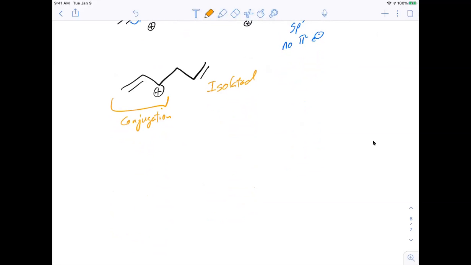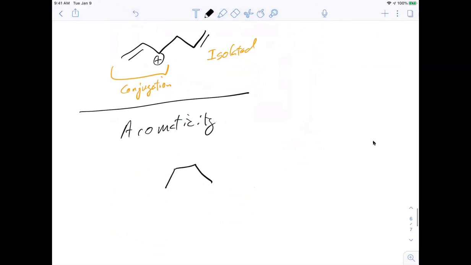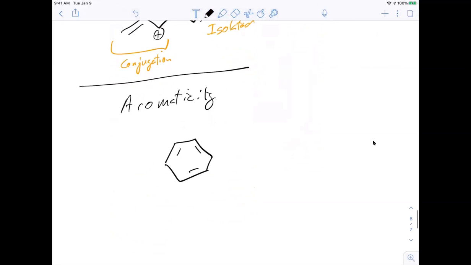Because it's in your textbook right now, I'll go ahead and touch on this. We'll get to it a little bit later, and that is aromaticity. Sorry, the drawing gets confusing really quick.